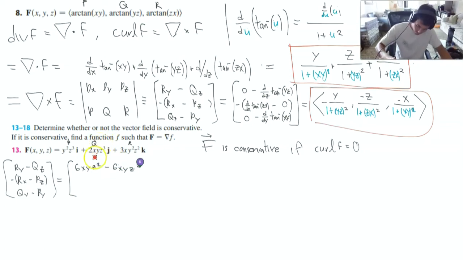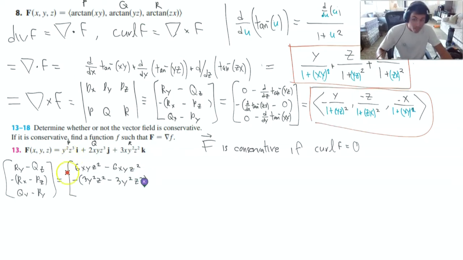So it's the same thing. And then let's see if negative rx. R with respect to x. We're just going to get rid of the x, just erase it. That's all you're going to do. 3y squared z squared minus p with respect to z. So it's going to become 3y squared z squared.